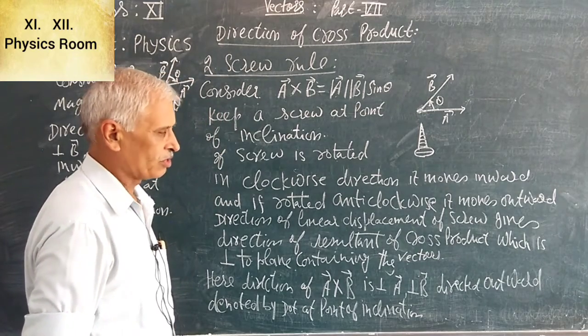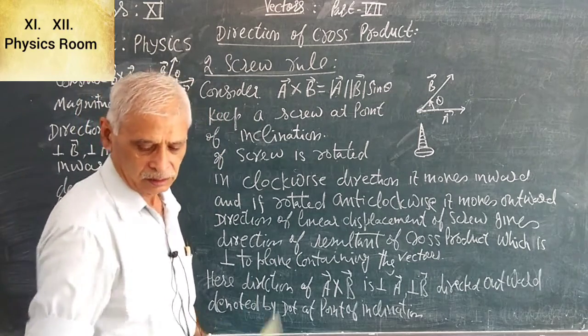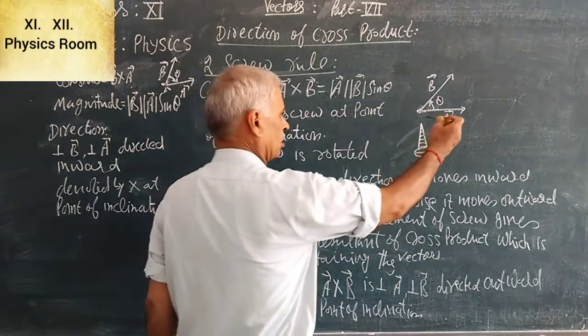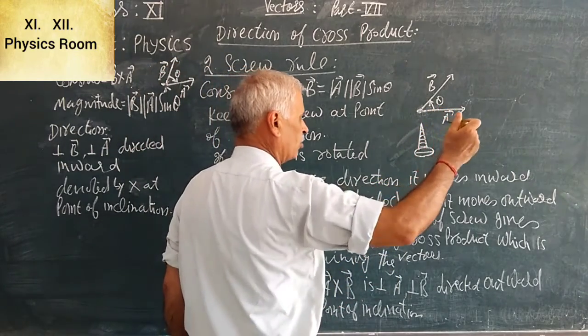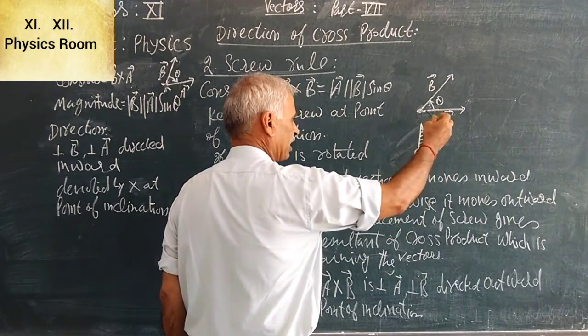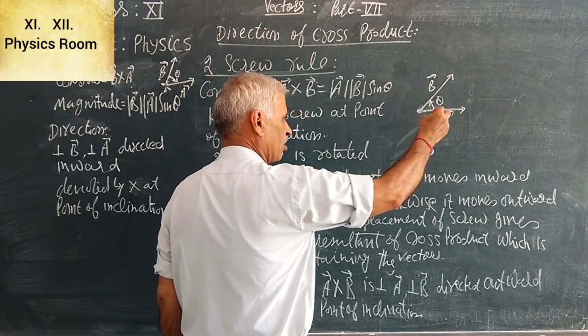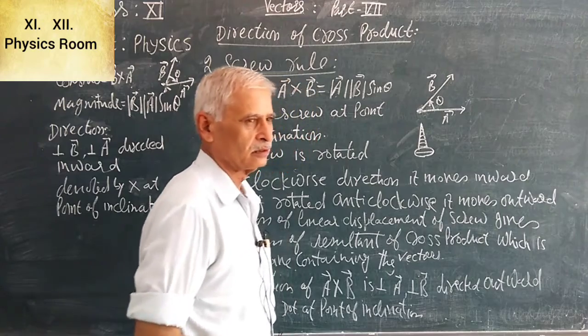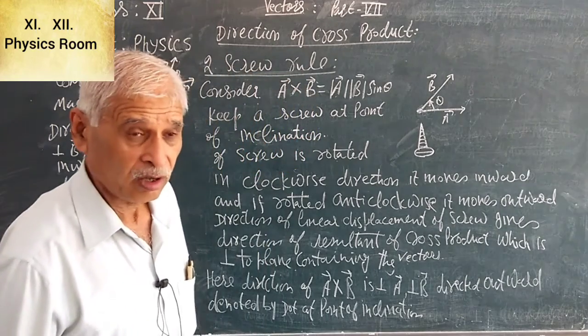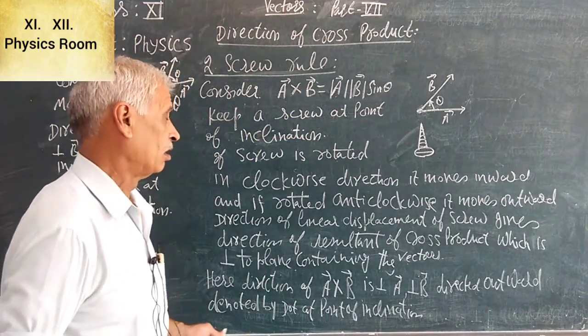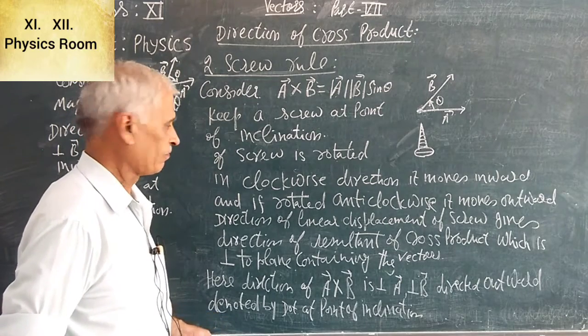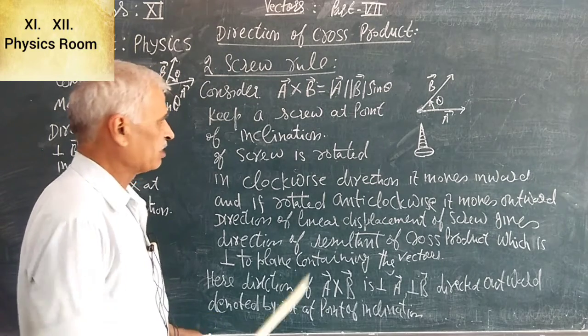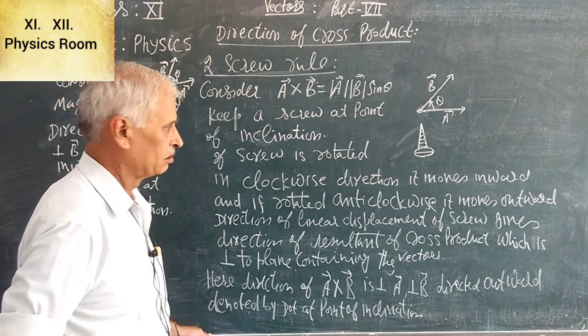When we rotate a screw in clockwise direction, it moves inward, and when we rotate a screw in anti-clockwise direction, it comes outward. All of us have experience of it, and the same we are to apply here.